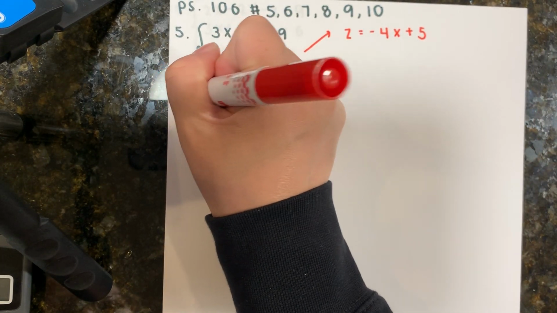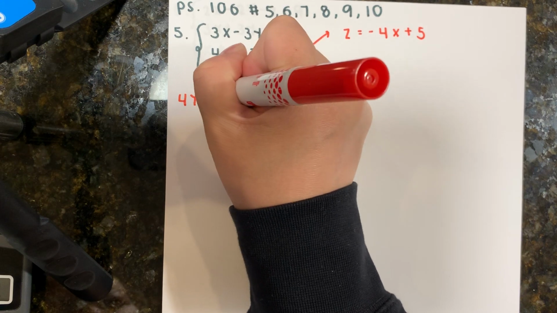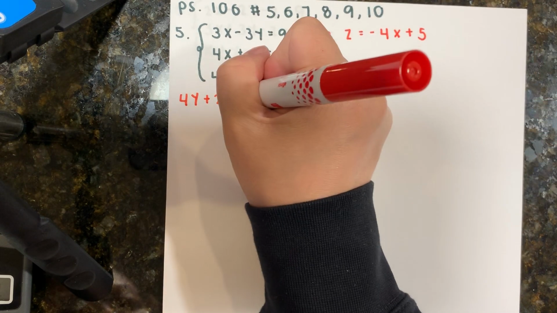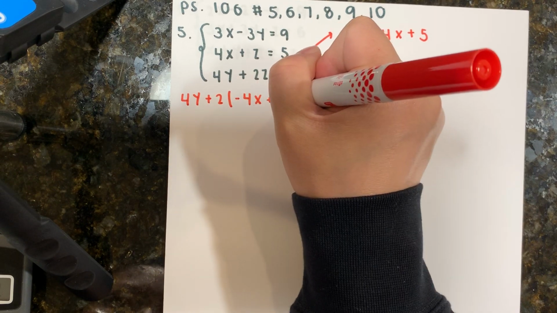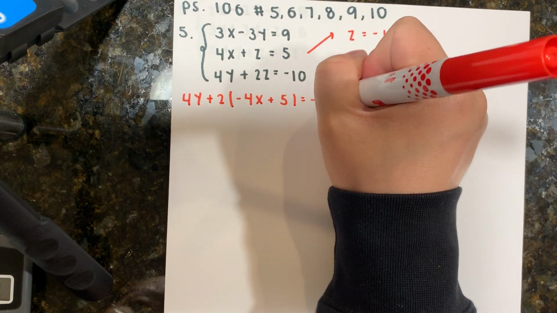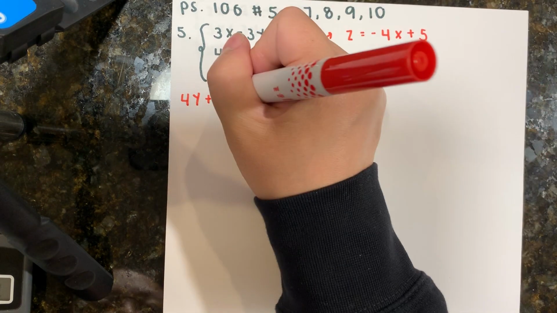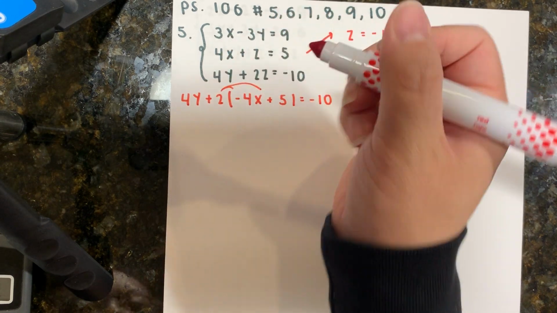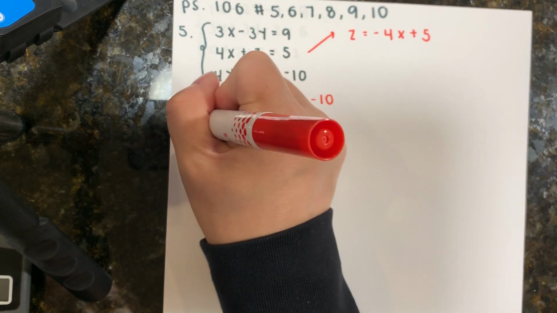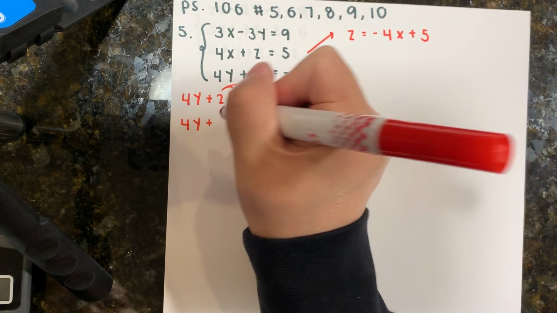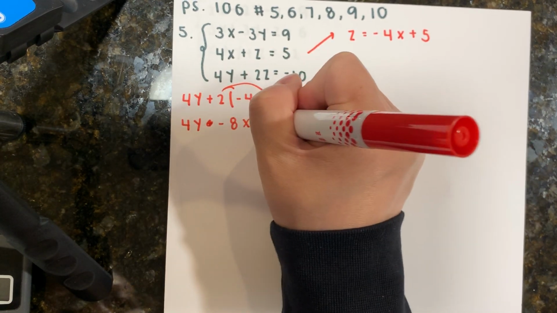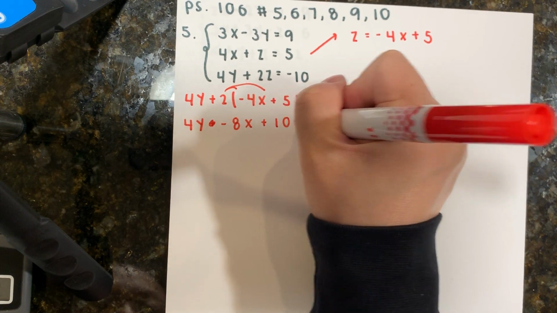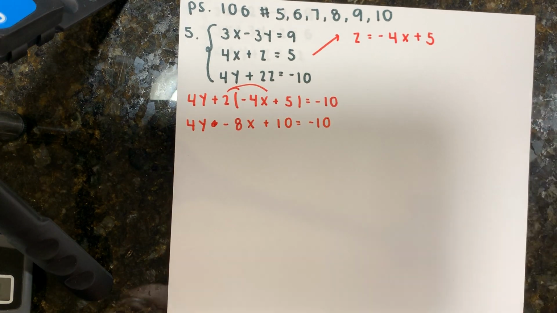So that would be 4y plus 2 times negative 4x plus 5 equals negative 10. I'm going to distribute that, and that would give me 4y, negative 8x plus 10 equals negative 10.